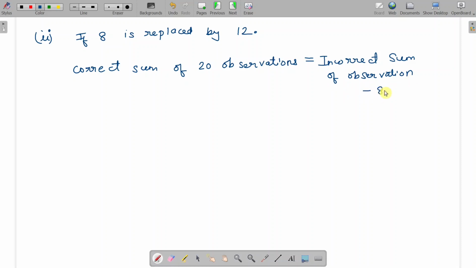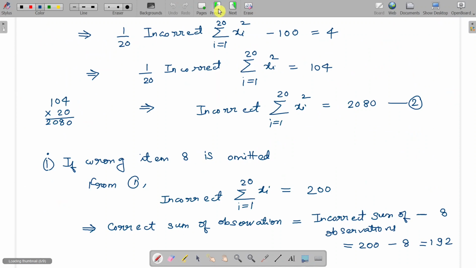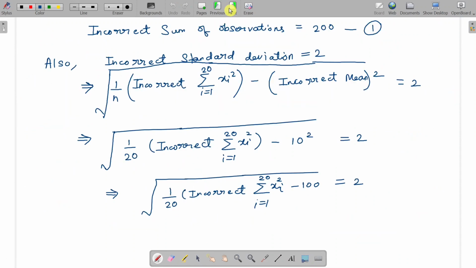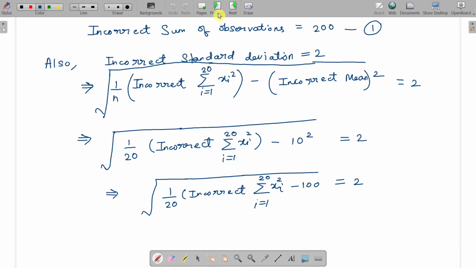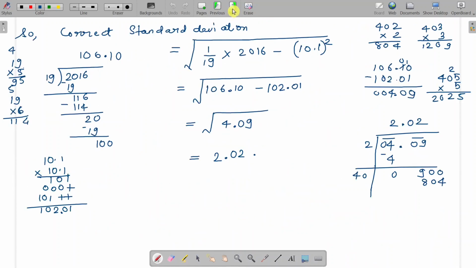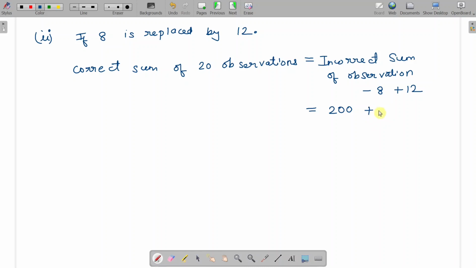Then minus 8, because 8 is replaced, and 12 is added, so plus 12. So what we will get is 200, because the incorrect sum of observations was 200. Minus 8 plus 12 is plus 4, so that means 204 is the correct sum of 20 observations.